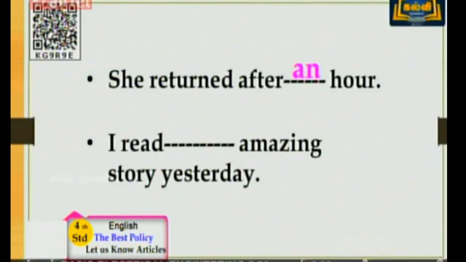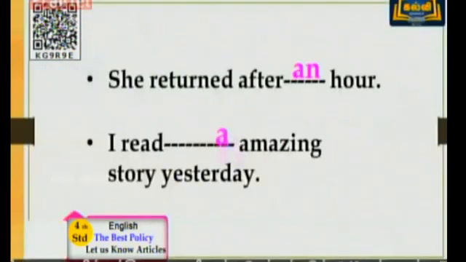Which article do you use there? See the word amazing. The word starts with the letter A. So the article used there is an: I read an amazing story yesterday.